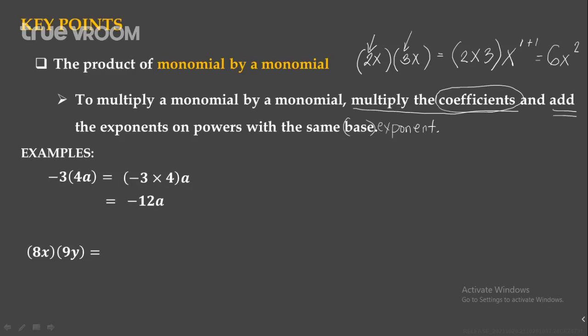All right, 8x times 9y. So first, you are going to multiply the coefficients. What are our coefficients? Here, our coefficients are negative 3 times 4. How about in number 2? What are our coefficients?